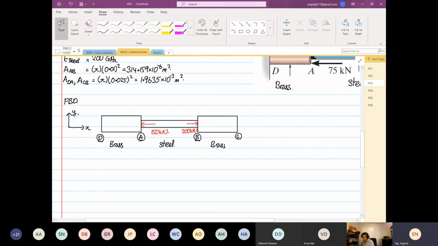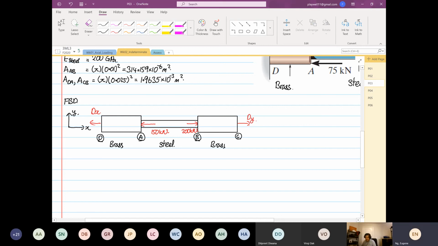So we are going to assume that our loads are acting in this direction. That is our reaction Dx, and this will be our Dy.